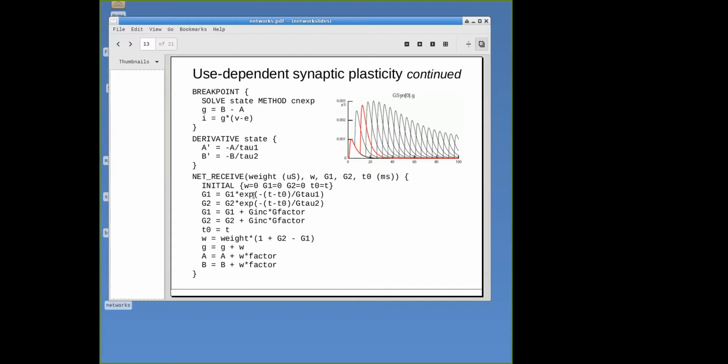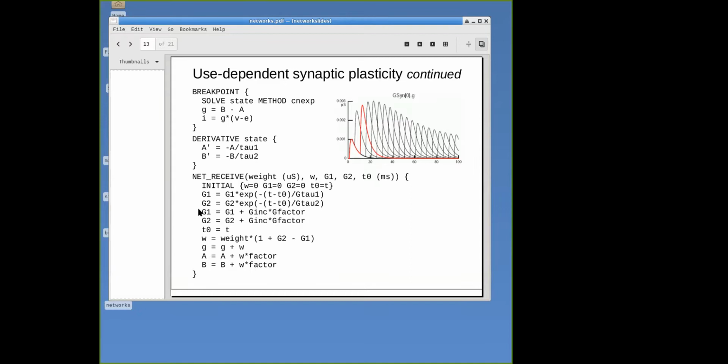This is a mono-exponential decay of G1 over the interval between T0 and the current time T, and the time constant for this decay is G tau 1. Likewise, this is the mono-exponential decay of the variable G2 from whatever it was at time T0, following its own time constant G tau 2.